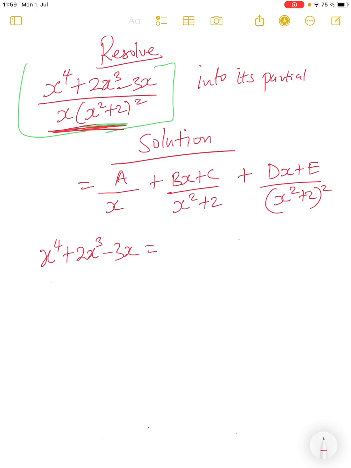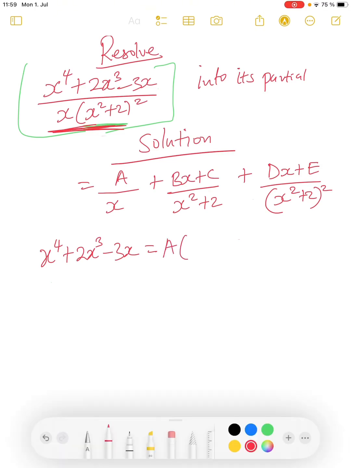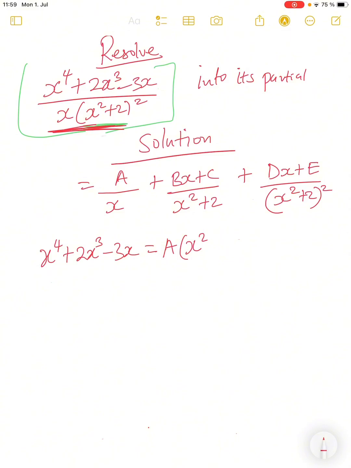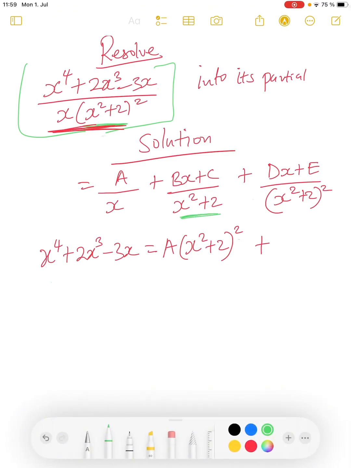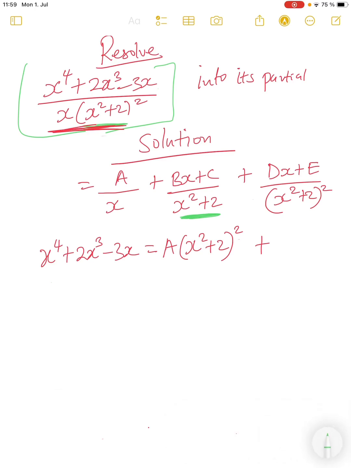This is the same thing as if you multiply a over x by the denominator, you have a times x squared plus 2 all squared, plus you multiply bx plus c over x squared plus 2 by this denominator, you have bx plus c times x squared plus 2.